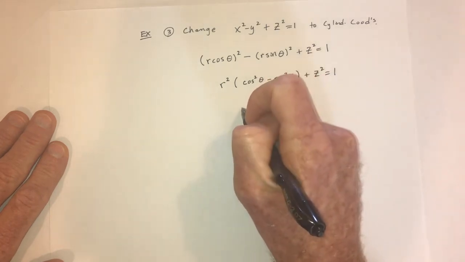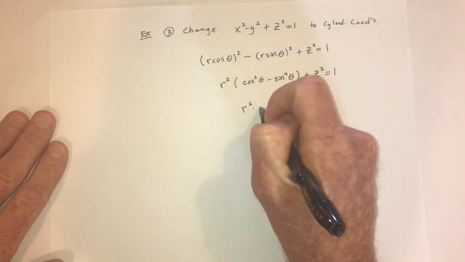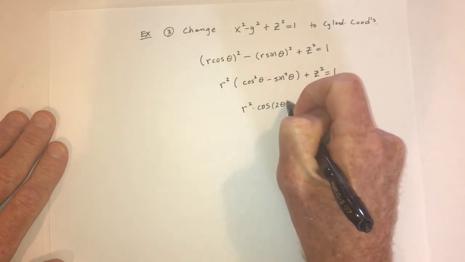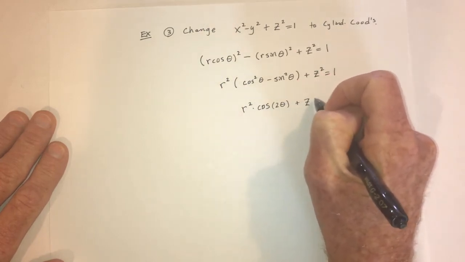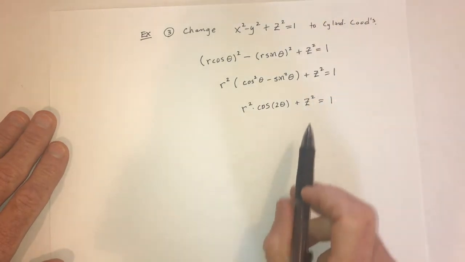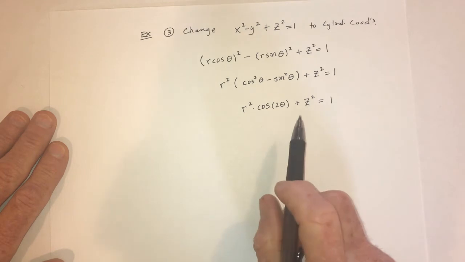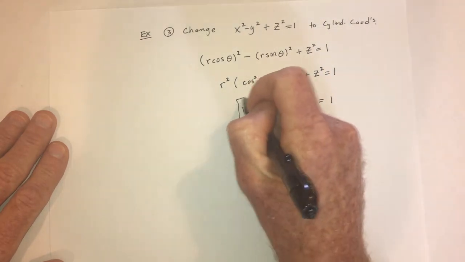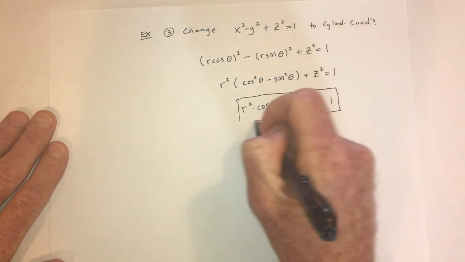That's cosine of 2 theta. So now it has been changed over to cylindrical coordinates. If you want to, you could solve for z, but the direction said make it cylindrical, so that would be the cylindrical coordinates.